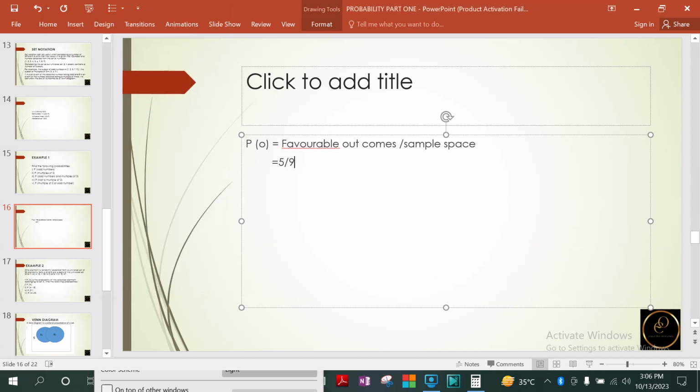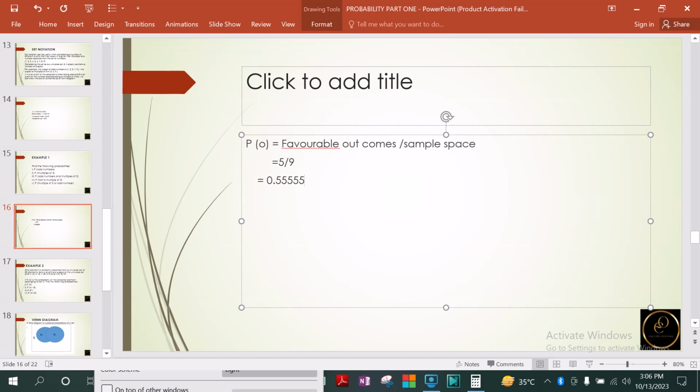So in this particular case, the probability is 0.555. That is the probability of odd numbers.